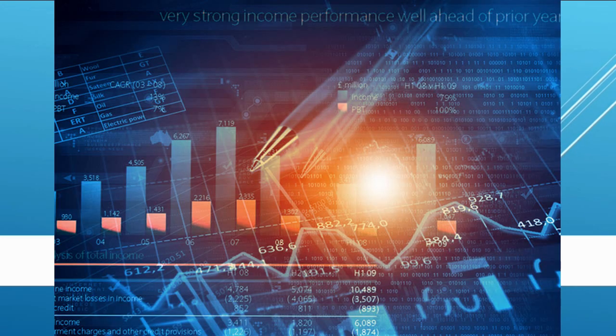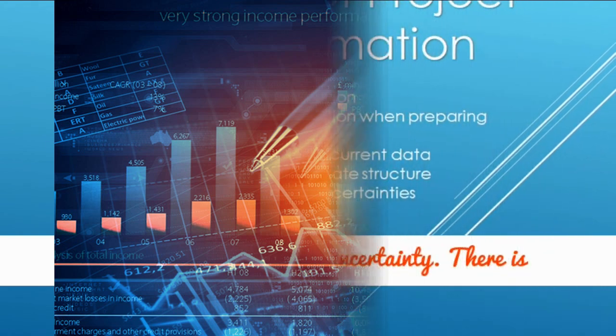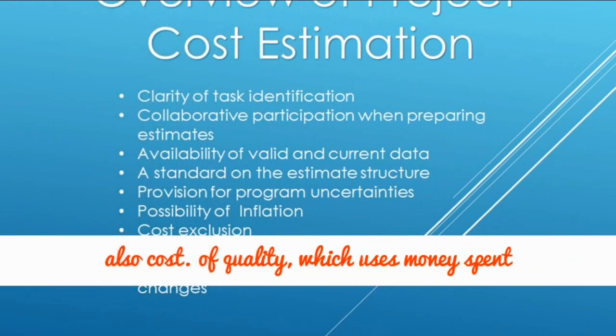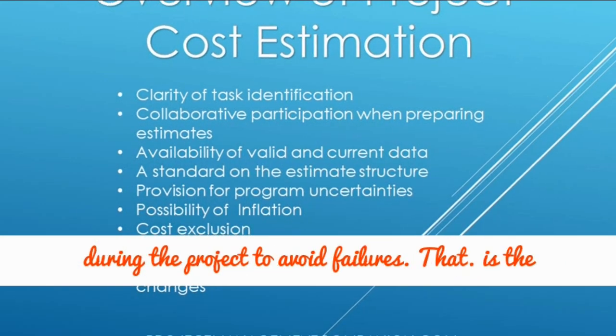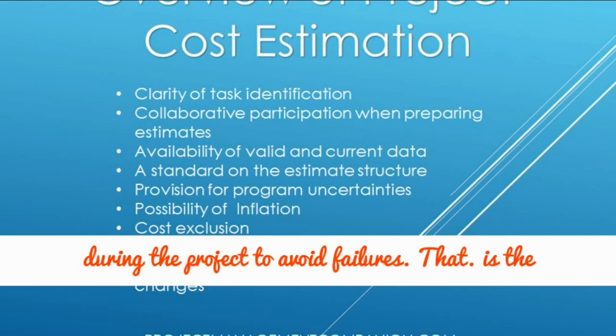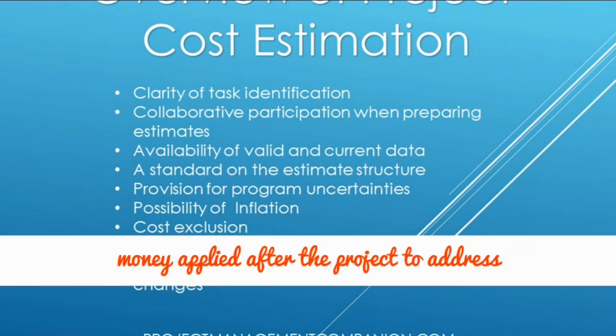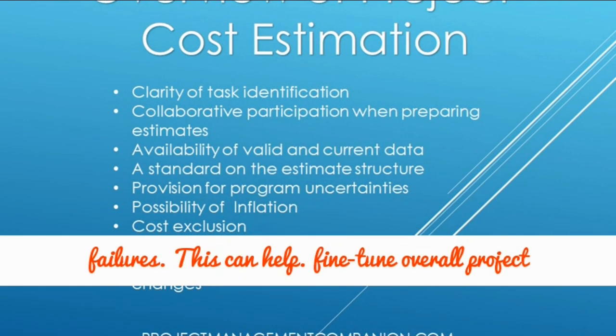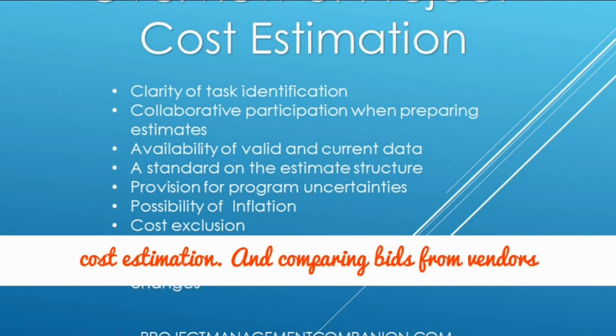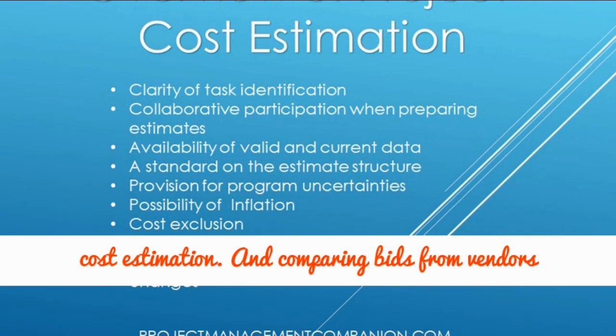Reserve analysis determines how much contingency reserve must be allocated. This approach tries to wrangle uncertainty. There is also cost of quality, which uses money spent during the project to avoid failures, and the money applied after the project to address failures. This can help fine-tune overall project cost estimation. And comparing bids from vendors also helps figure out costs.